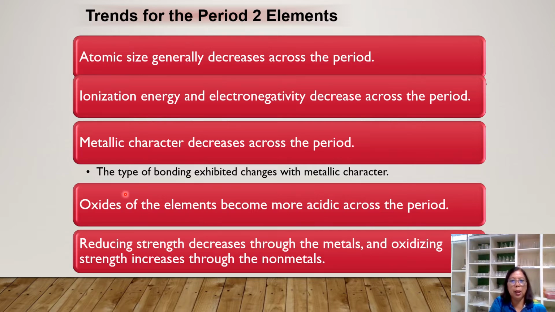But for the oxides of the elements, they become more acidic across the period. Hence, reducing strength decreases through the metals and oxidizing strength increases through the non-metals.